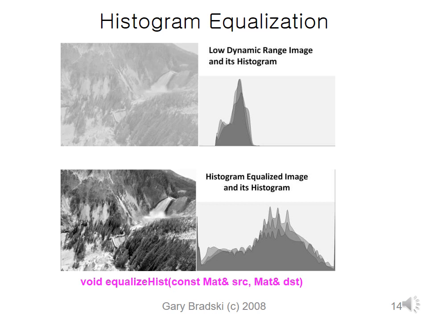Histogram equalization is one of the many image enhancement techniques. The upper left image shows a hazy image due to low contrast. The upper right graph is the histogram of the left image.